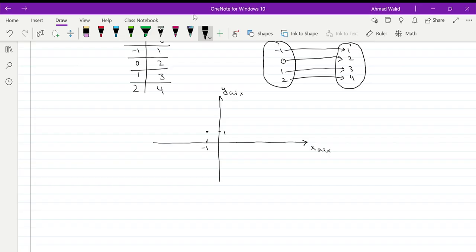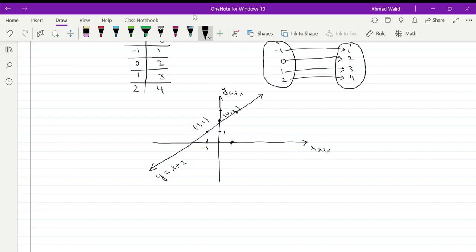If I show it as an ordered pair, -1 and 1, an ordered pair, right? When X is 0, Y is 2. This point is 0 and 2. When X is 1, Y is 3. 1 and 3 maybe somewhere here. And if you connect all these points, they come under one straight line. This is the graph of y equals x plus 2, the equation that I put for you.